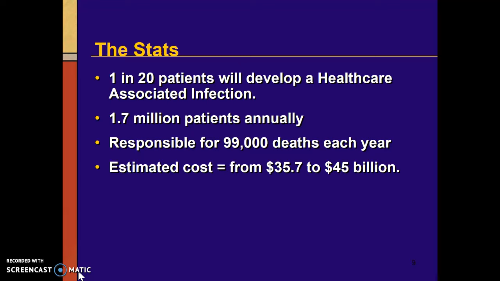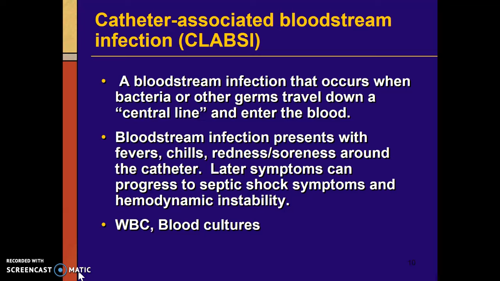The estimated cost of this to the healthcare system is 35.7 to 45 billion, which is huge, and really is a primary driver as to why Medicare and Medicaid and the government has worked hard on having a lot of initiatives to decrease healthcare associated infections, some of which we'll talk about.